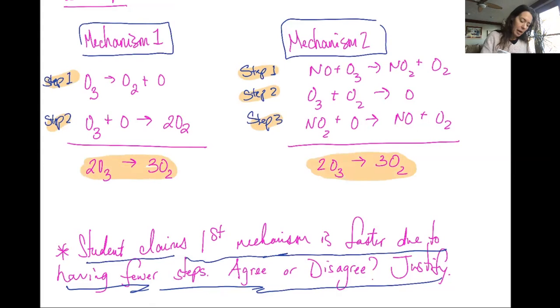However, mechanism 2 has a catalyst whereas mechanism 1 does not. Catalysts speed up reaction rates by lowering activation energies. So I would propose that mechanism 2 would be faster. I don't think that the number of steps has an effect on the rate, but the presence of the catalyst does.